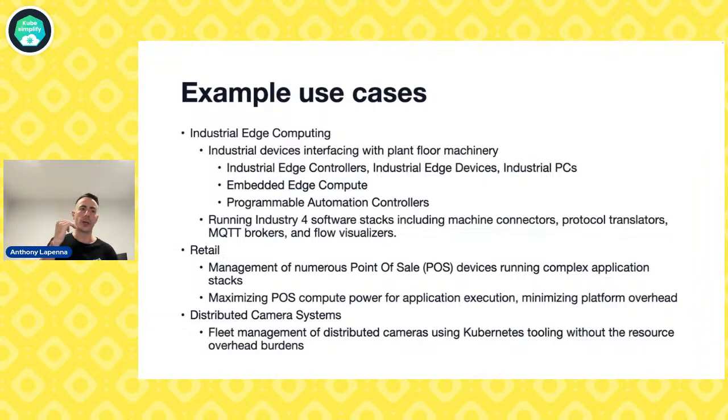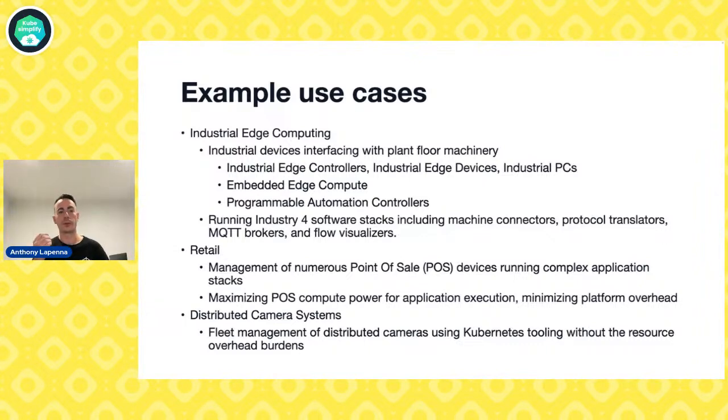Other use cases that we had in mind when we designed K2D were potentially retail and distributed camera systems, which is a smart city example, for example. For the retail part of it, you could picture the management of points of sale at scale across an entire country, which might be running a complex application stack. But the entire point here is to maximize the available compute on each device for the application execution.